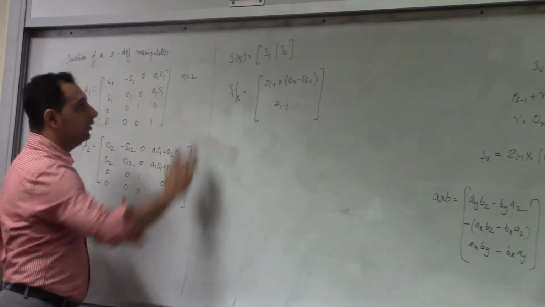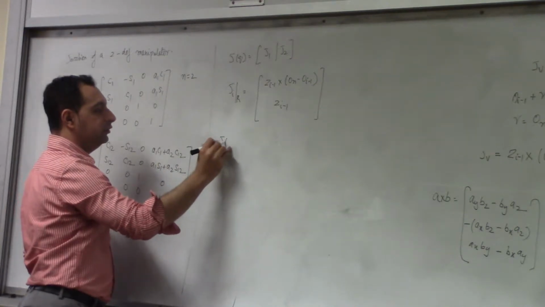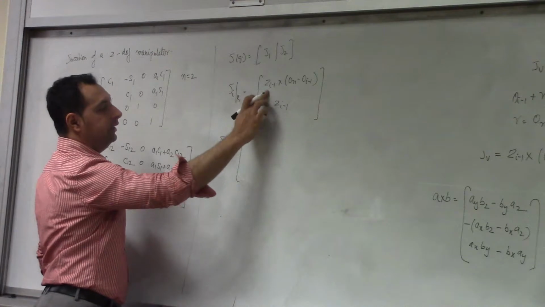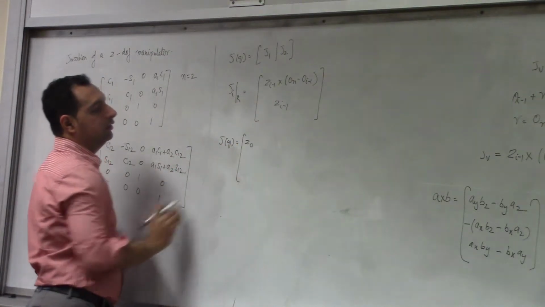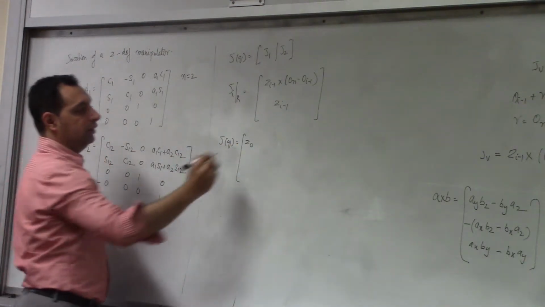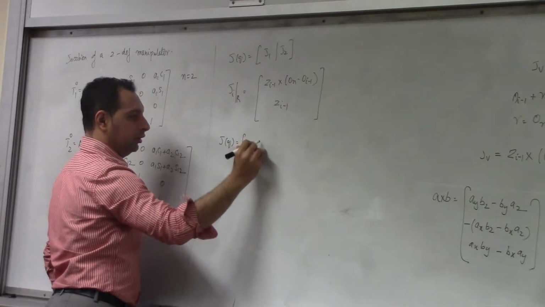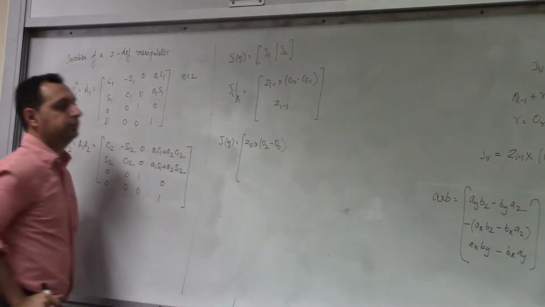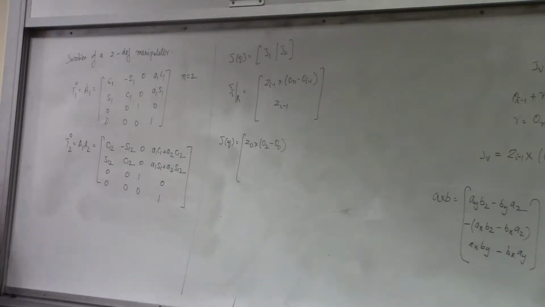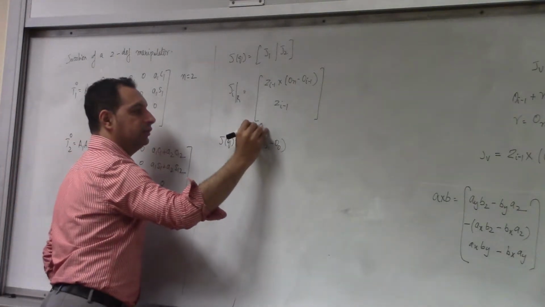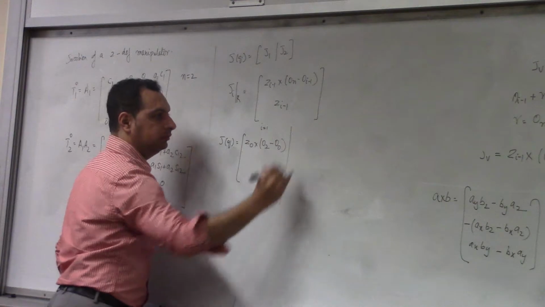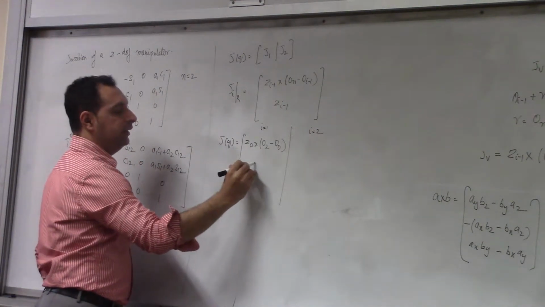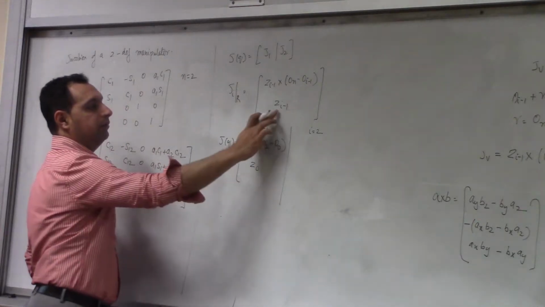Right? So here we can say that for this manipulator, J of Q will be equal to, the first column, J1 will be equal to Z0 cross, N is 2, so O2 minus O0, I minus 1, because here I is equal to 1.